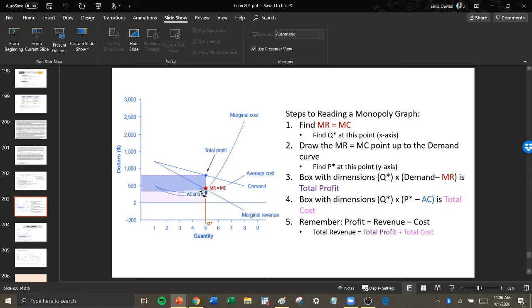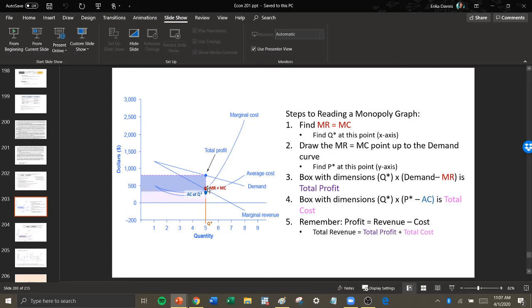Okay. You draw up to the demand curve, and that's how you find your profit maximizing price. Anything below price and above the point where marginal revenue equals marginal cost is your total profit, right? Because at the point where marginal revenue equals marginal cost, your profit should be 0.